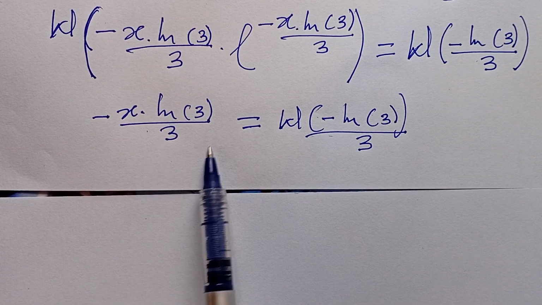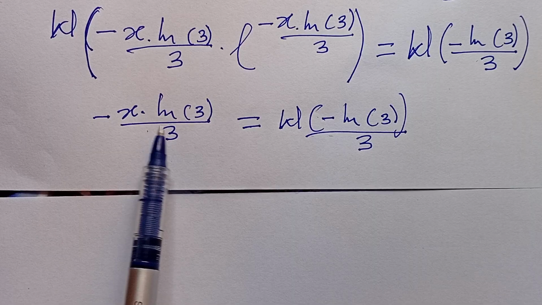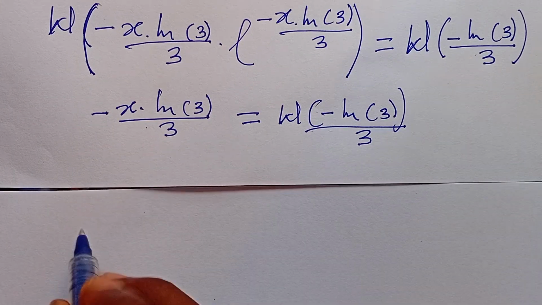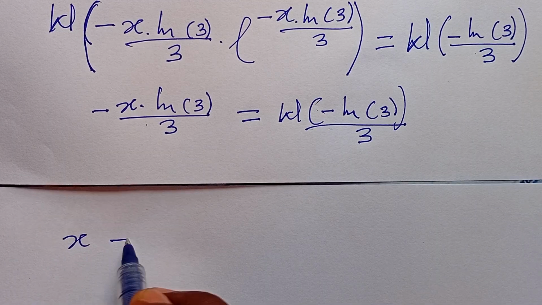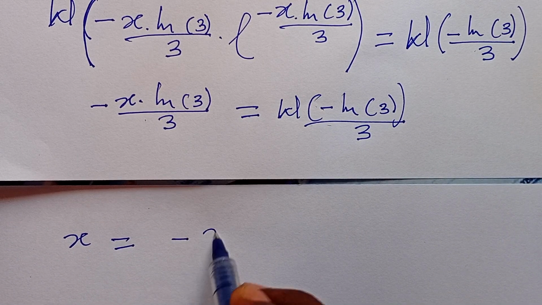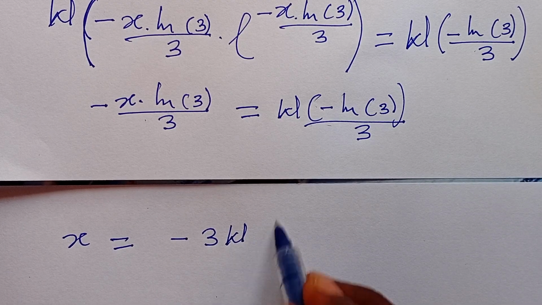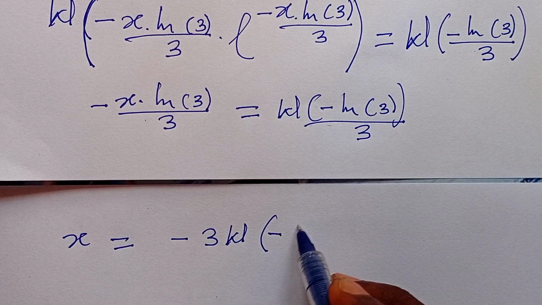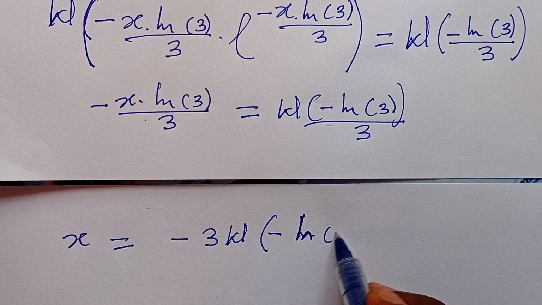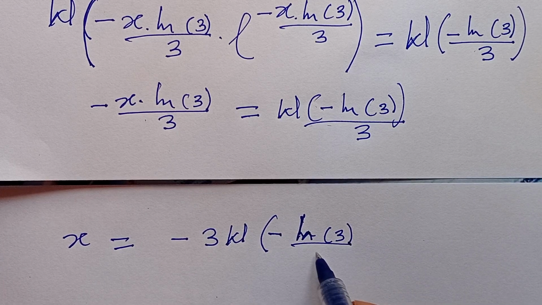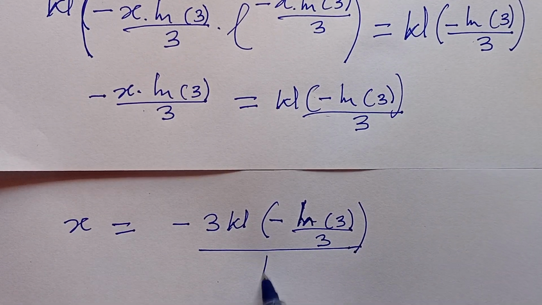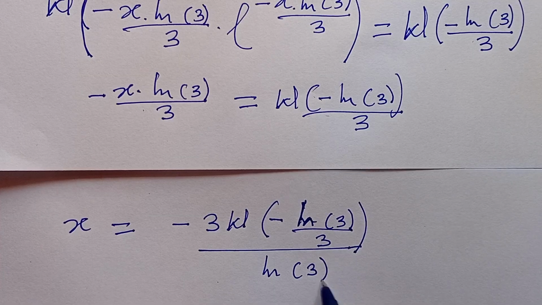If we multiply by 3, then we equally divide by minus ln of 3. If we do that, x will now be equal to minus 3 times W of minus ln of 3 all over 3, everything all over ln of 3.